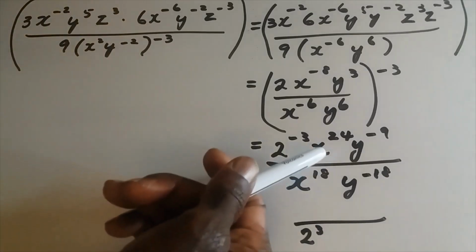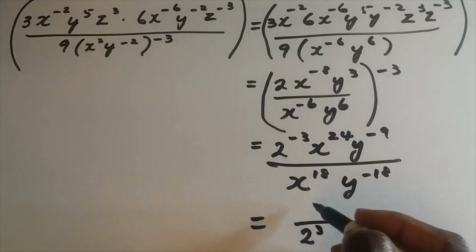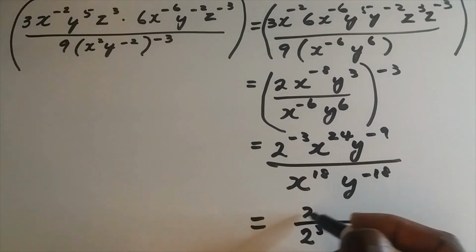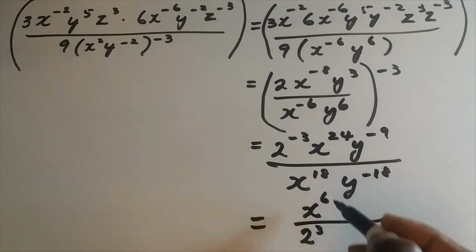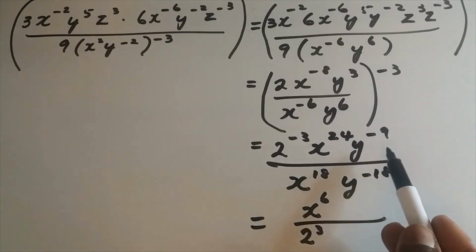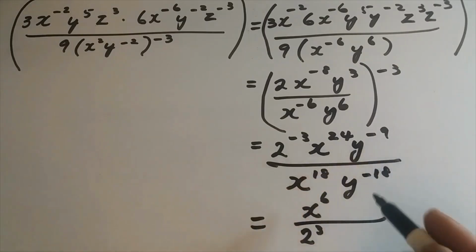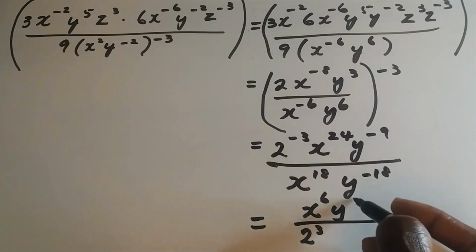The x to the 18 moved to the top, x to the 24th times x to the minus 18, which will be x to the 6th power. And y to the minus 18 moved to the numerator becomes y to the 18th power times y to the minus 9 will give us y to the positive 9.